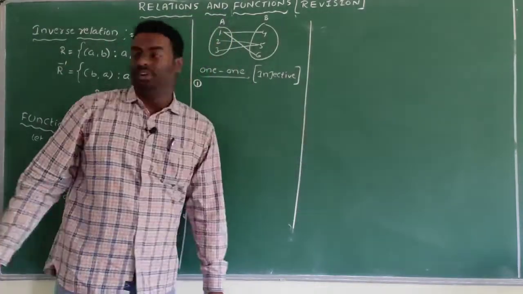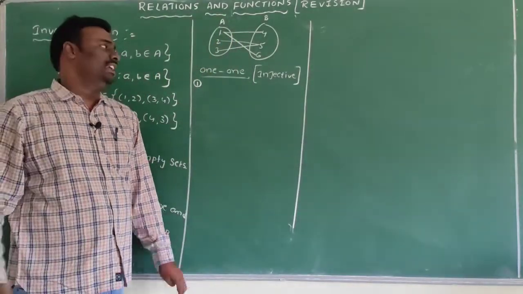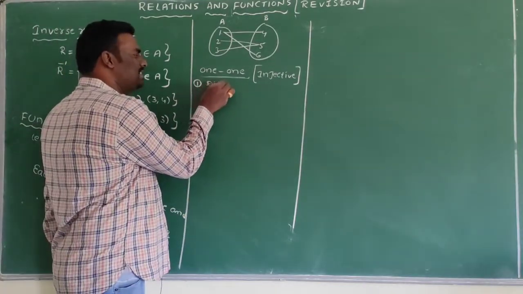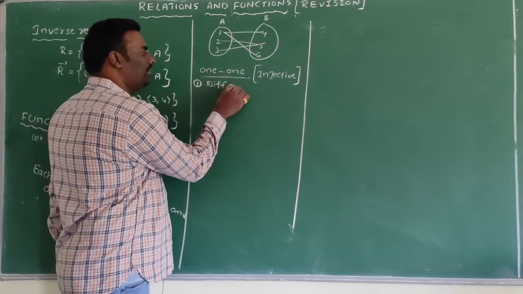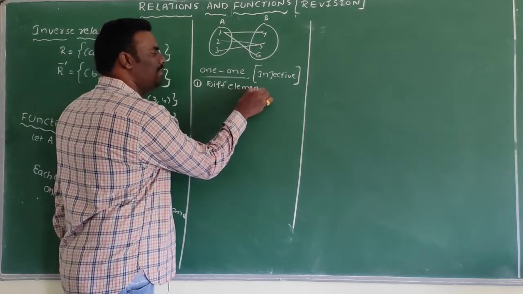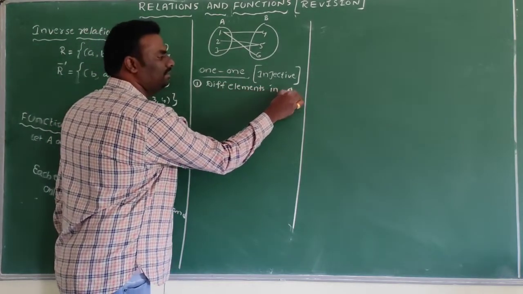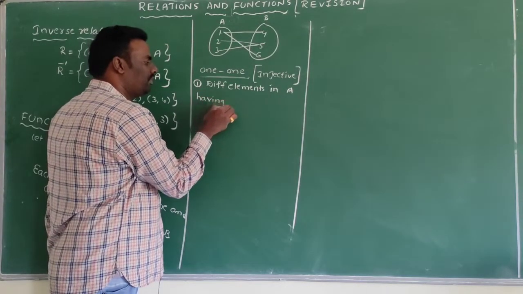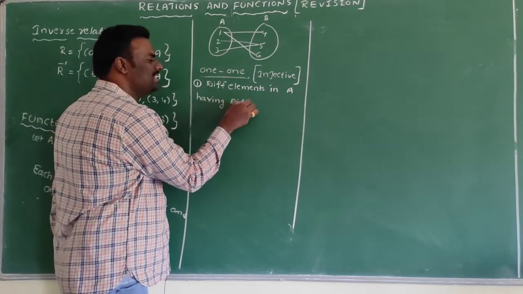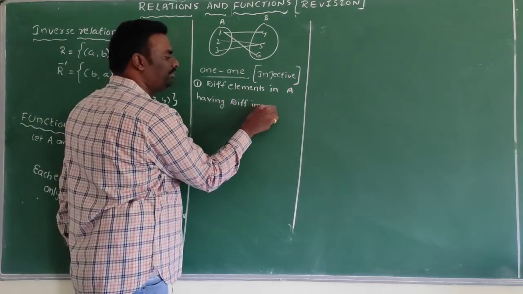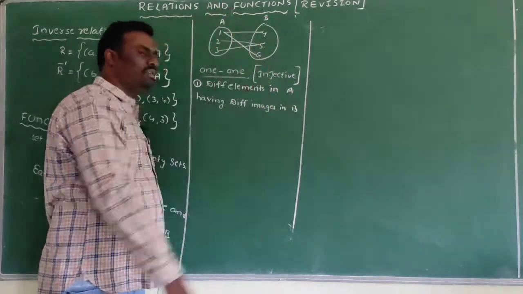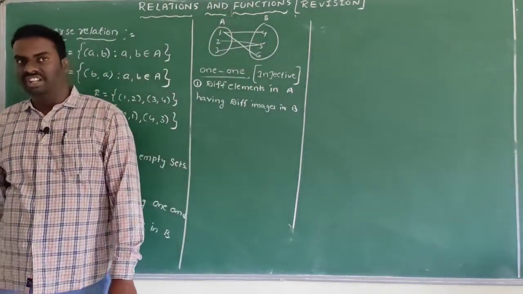Okay, first, what is meant by one-to-one function? It is also called as injective. Different elements in set A having different images in set B. This is one definition for injective.